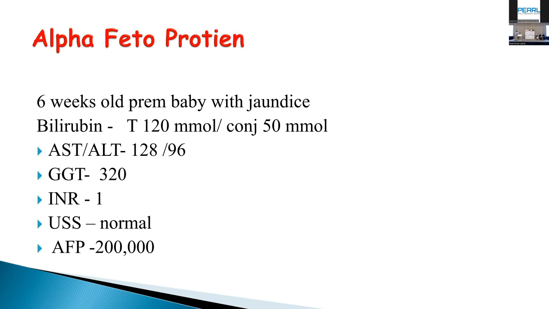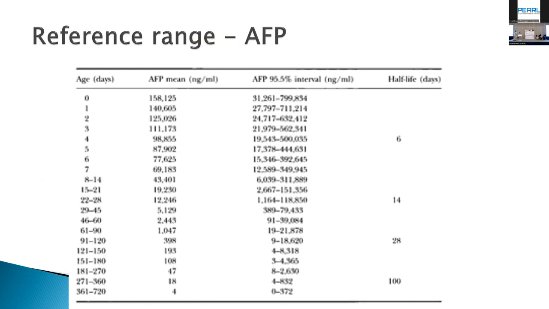Repeat. If you repeat it again and it's coming the same, you can look for a declining trend. Again, as I said, the nomogram is entirely different. Alpha-fetoprotein is a fetal protein.